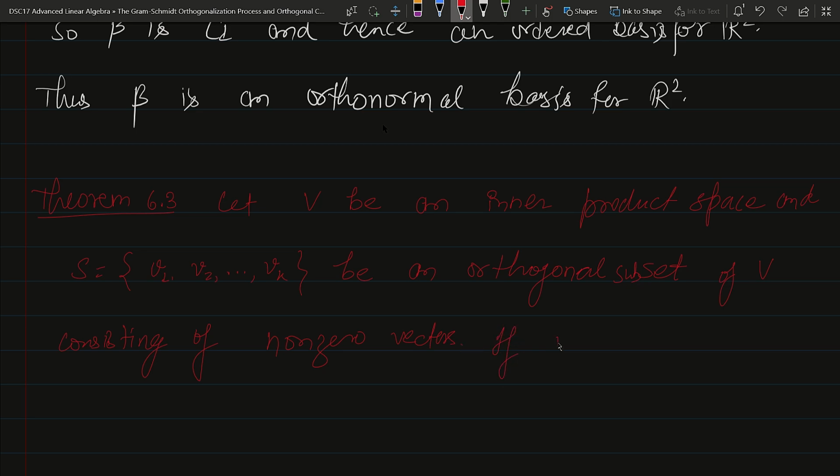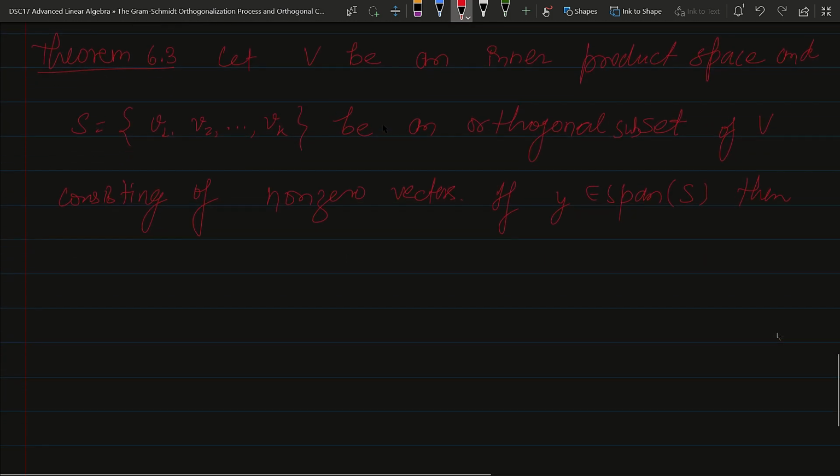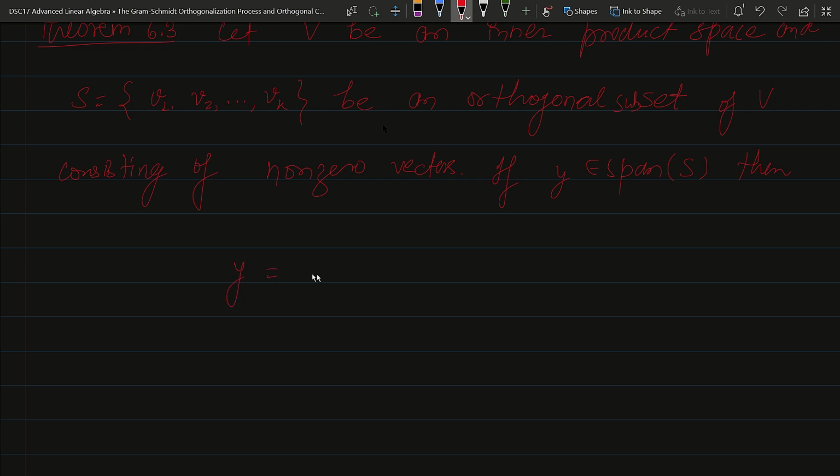Now if some y is in span of S, we are not saying this S is an ordered basis of V, so y is in span of S, then we can always express y equal to the summation running from i equals 1 to k of the inner product of y with vi over the norm of vi square times vi.